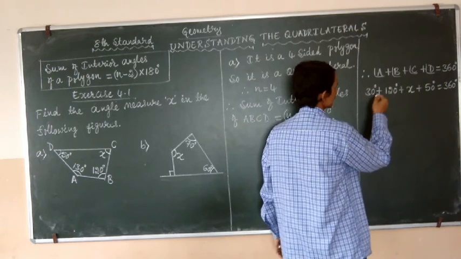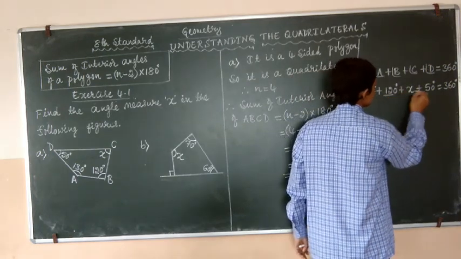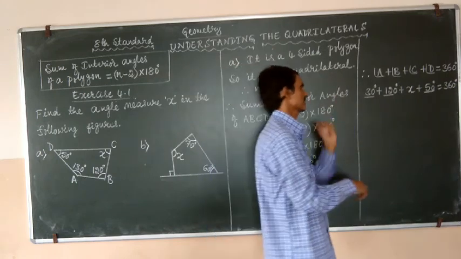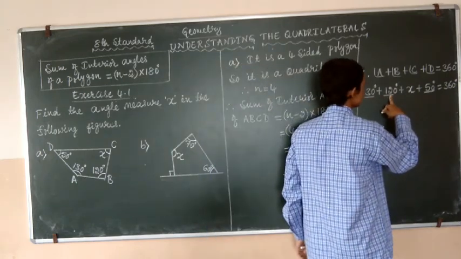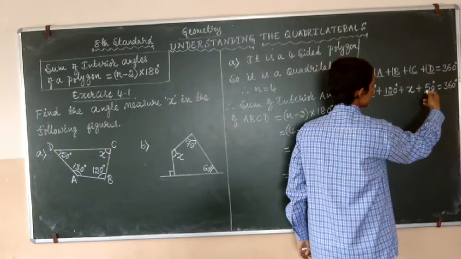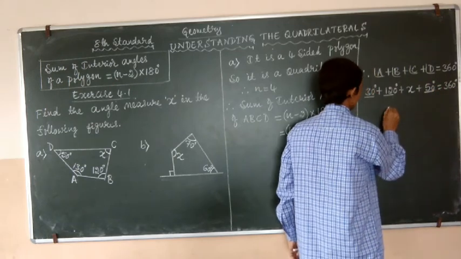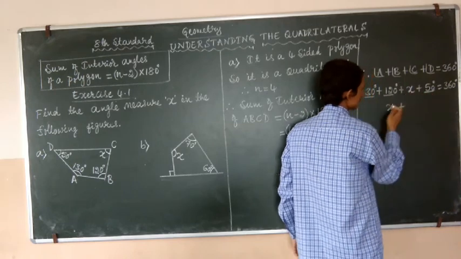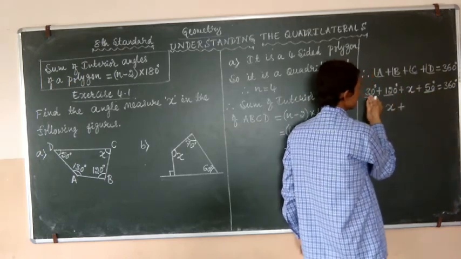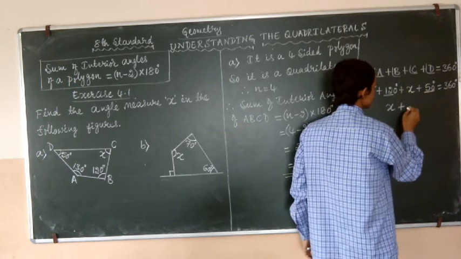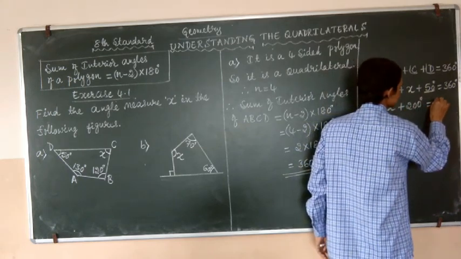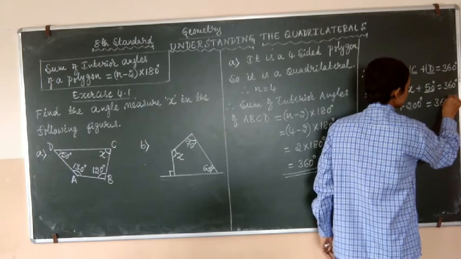So now add these angles and simplify. 30 plus 120 is 150, 150 plus 50 is 200. So x plus 200 equals 360 degrees.